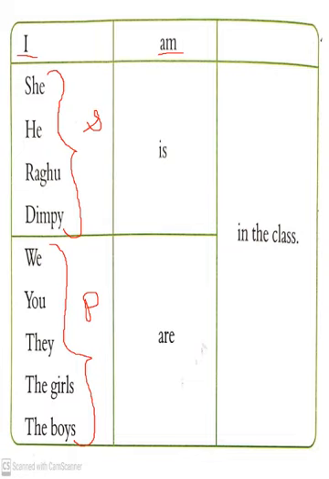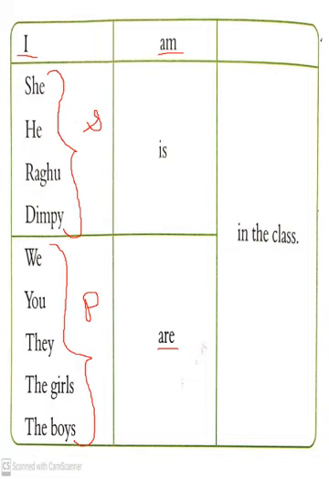These are plural naming words. So when we are going to use we, you, they, the girls, the boys, means the naming word or the pronoun which are plural in number, when we are talking about more than one, at that time we are going to use are with that.